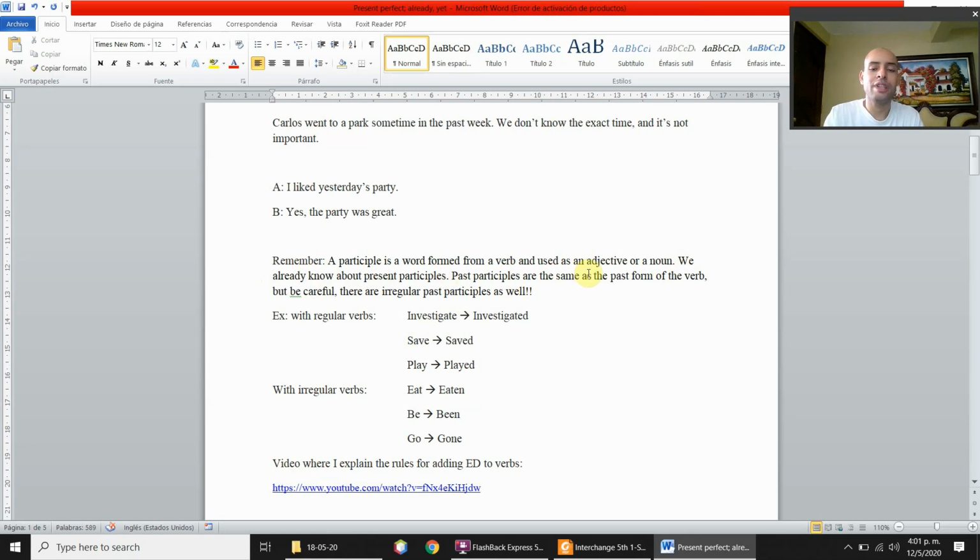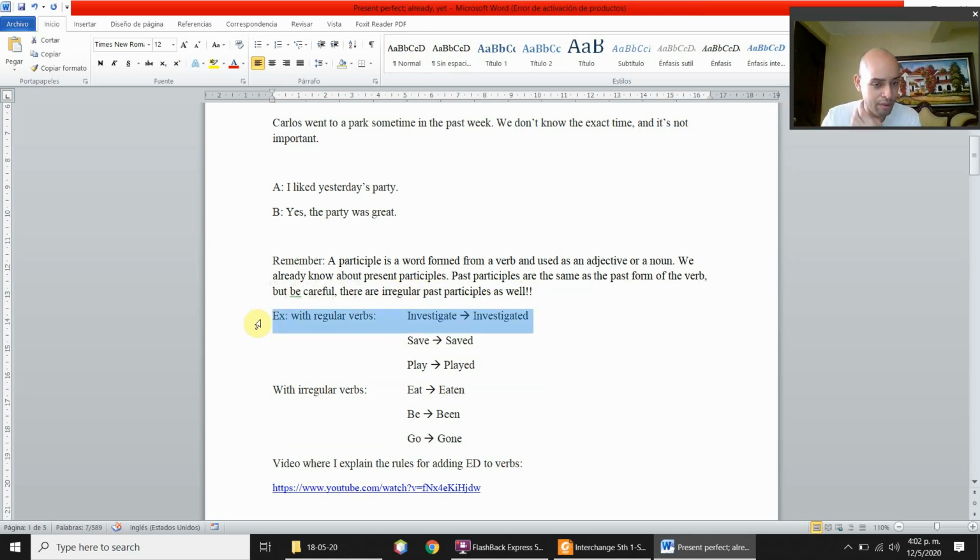The past participles are the same as the past form of the verb. But be careful, there are irregular past participles as well. So just as in the simple past form of the verb, there are regular and irregular past participles.